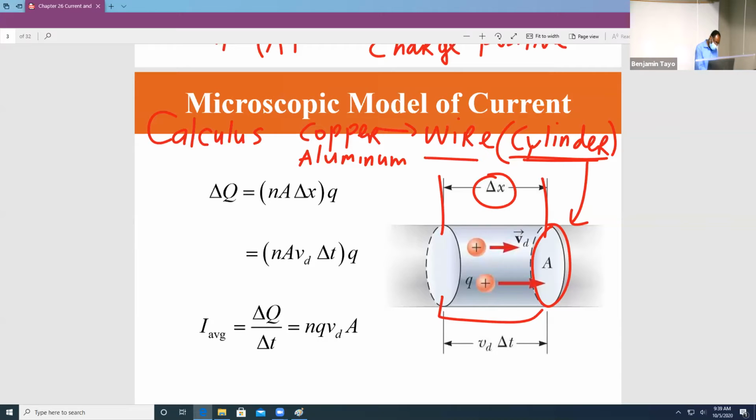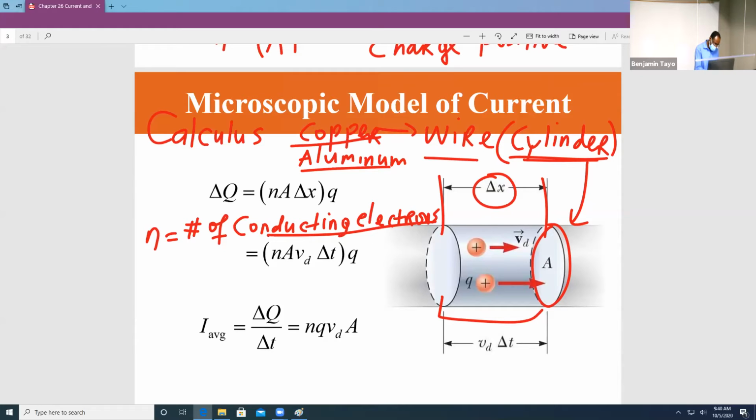Now, every material, it could be copper or aluminum or whatever you want to call it, is going to have this number N. And N is the number of conducting electrons per volume.